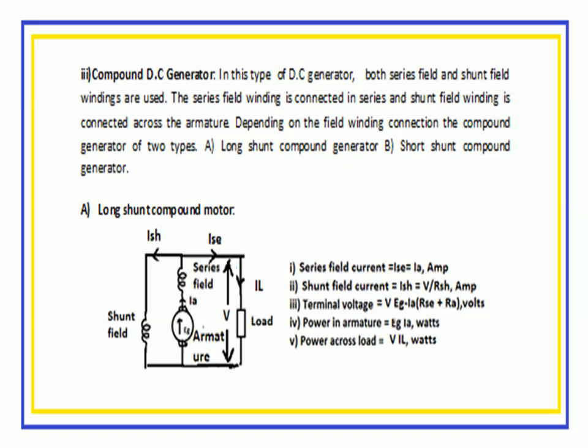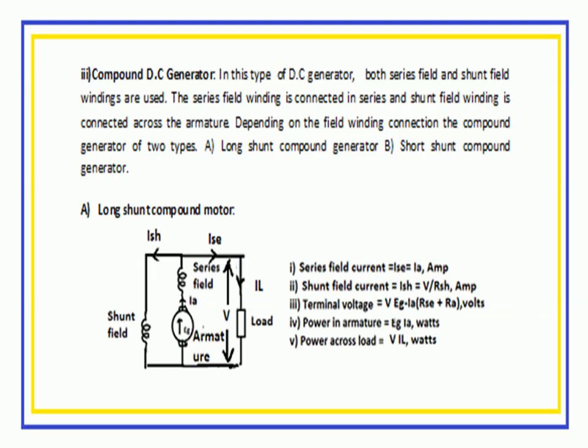Next, number 3, the compound generator. A compound generator consists of both windings, a series field winding and also a shunt field winding, as shown in the figure. The series winding is connected in series with the armature, and the shunt field winding is connected across the armature. Again, depending upon the shunt field winding connection, we have two categories.